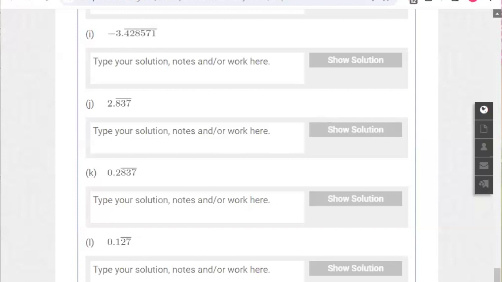Oops, I just made a mistake. Agreed? And why are you happy with this? Because the decimals are the same, yes? Yeah. All right, let's set it up.